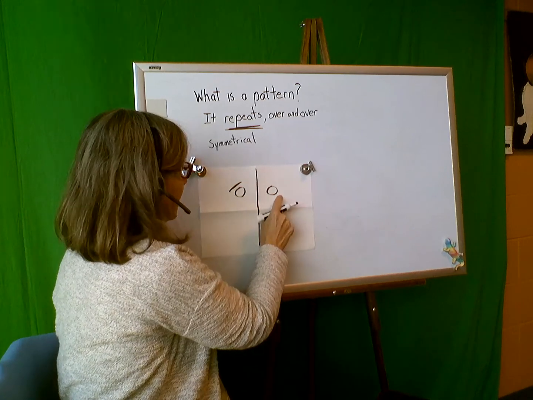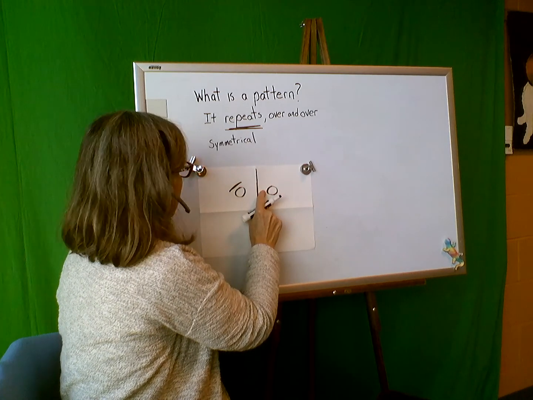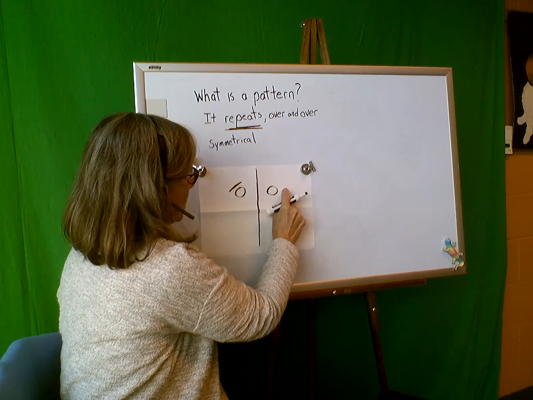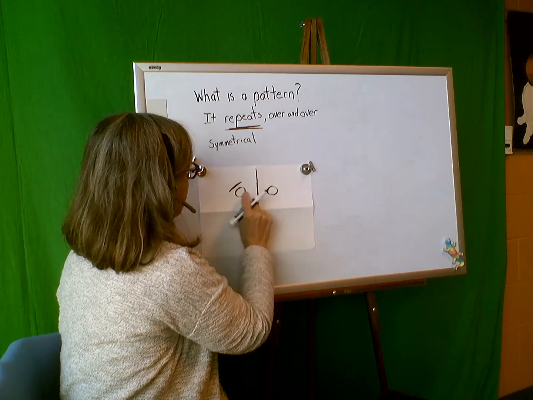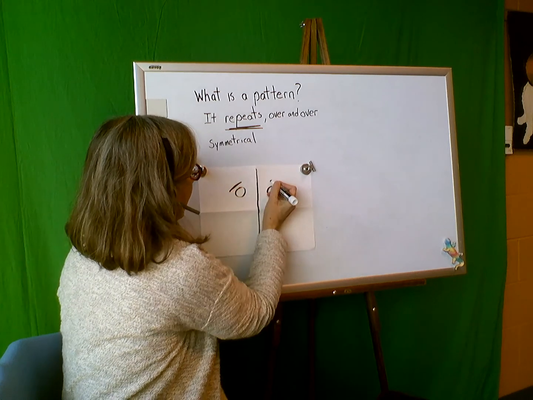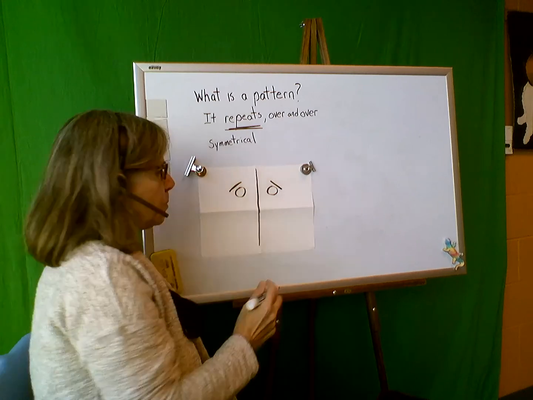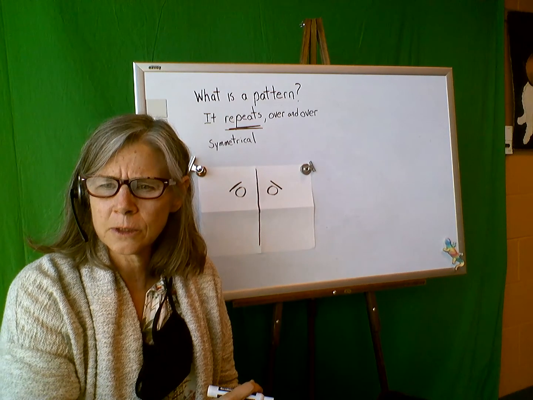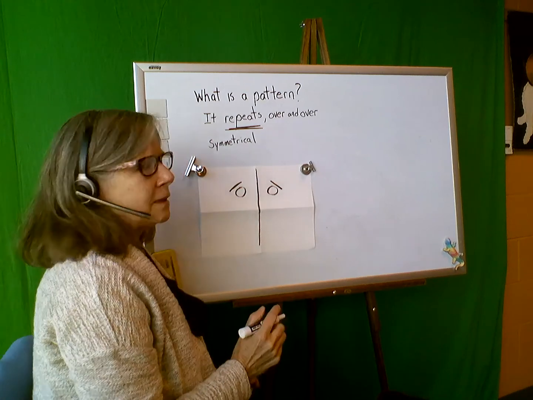A diagonal on the other side. Should it go here? No, then it would be close to the middle. It has to be on the outside. Let's see, it's pointing down low and it starts up high. So my diagonal should be over here on this side. Is that how yours looks too? Good job.